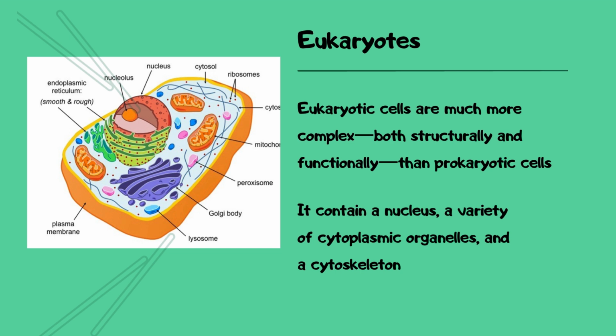Similar to prokaryotic cells, all eukaryotic cells are surrounded by a plasma membrane and contain ribosomes. However, eukaryotic cells are much more complex and contain a nucleus, a variety of cytoplasmic organelles, and cytoskeleton. The largest and most prominent organelle of eukaryotic cells is the nucleus, with a diameter of approximately 5 micrometers.